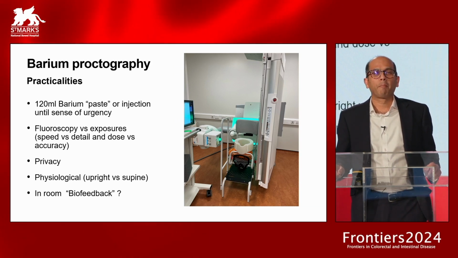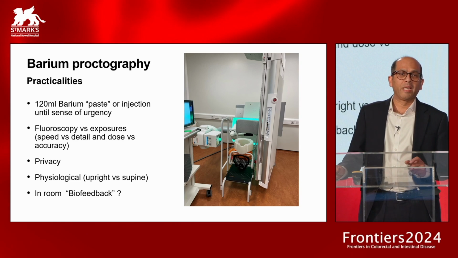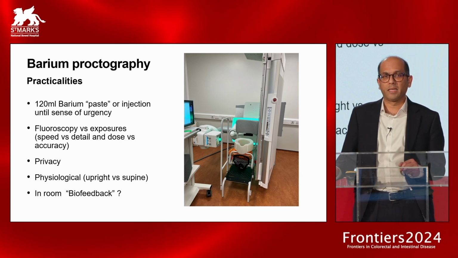So there's two broad options when you're doing a barium proctogram. We tend to use a fixed volume of barium paste, or the other option that I know certain other centres use is to use a volume until you get a sense of urgency, and so that typically will be a larger volume, but it's not always the case.